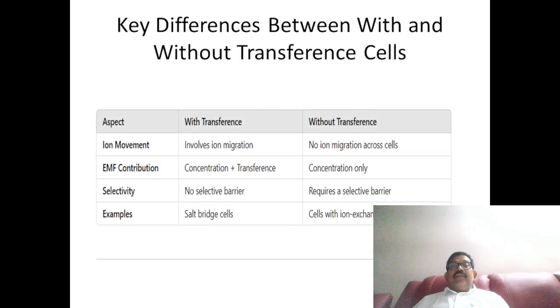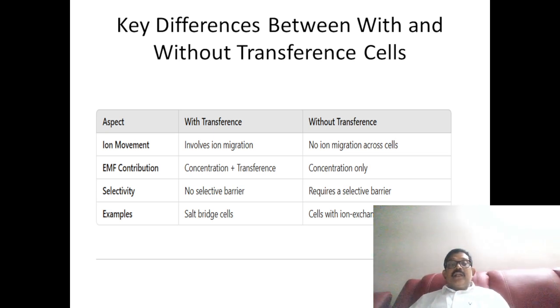So the differences between with and without transference cells. The aspect is ion movement. In case of with transference, it involves ion migration, but without transference, no ion migration across cells. EMF contribution: with transference, concentration plus transference; without transference, concentration only.